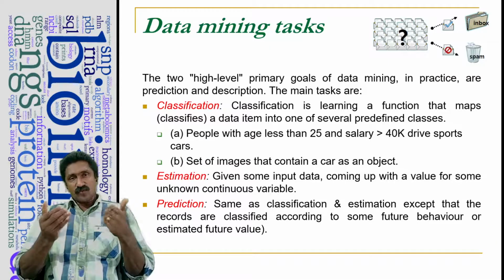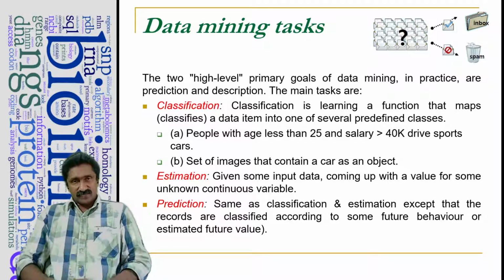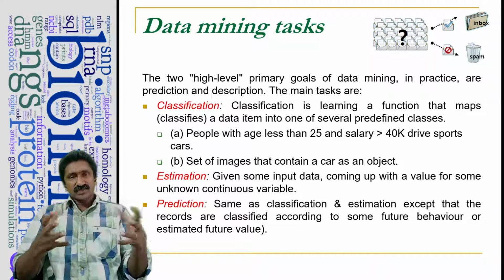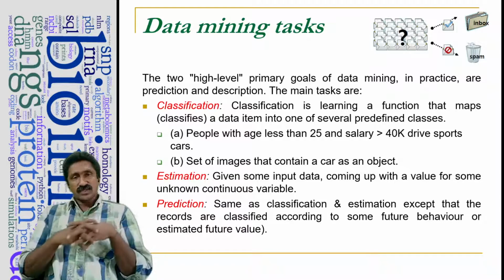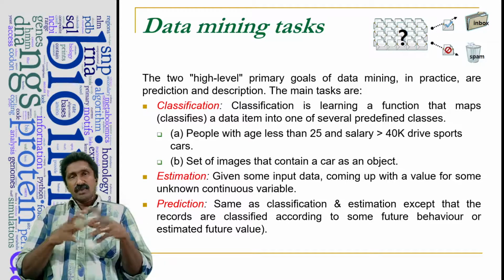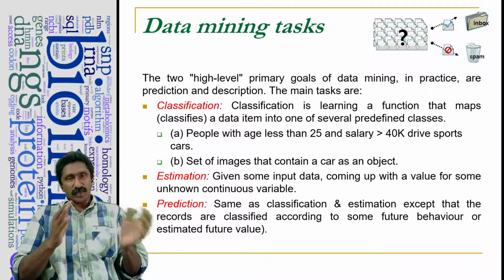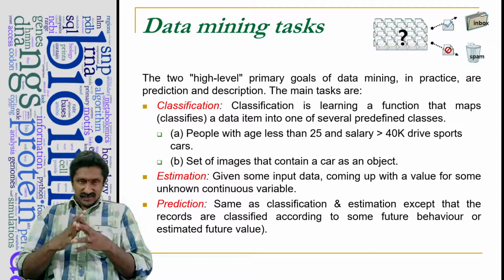Anything, on any ground, you can classify based on marks, merit, images, or even different genres of music. Everything can be classified based on different criteria. So classification is actually a grouping of the data into predefined classes.